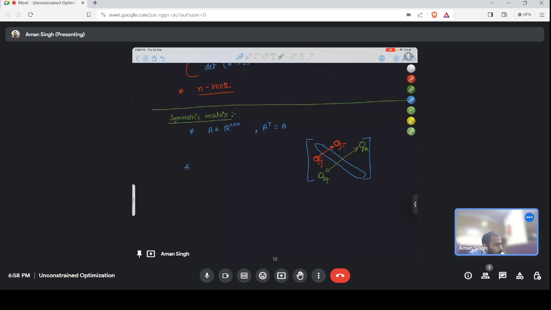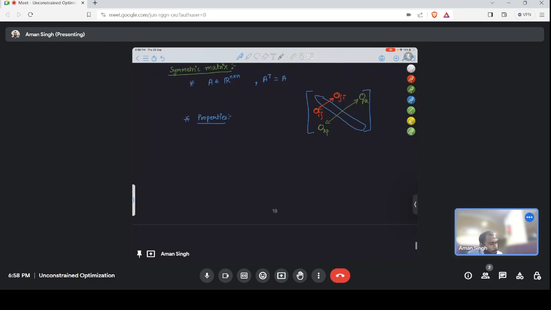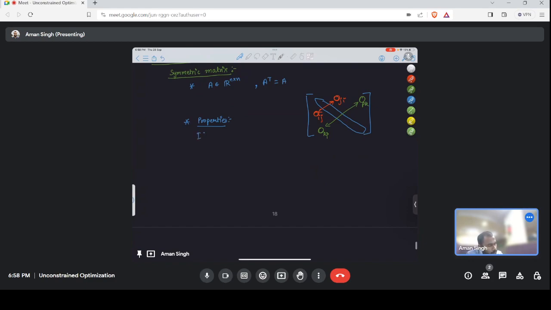Then we'll write some properties of symmetric matrices. If A is symmetric, it turns out that A has all real eigenvalues.